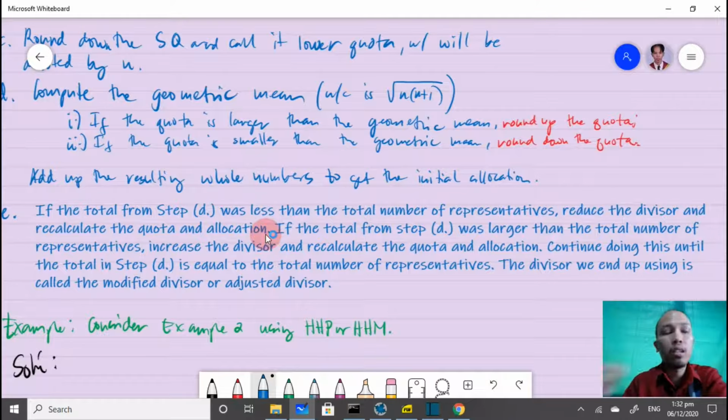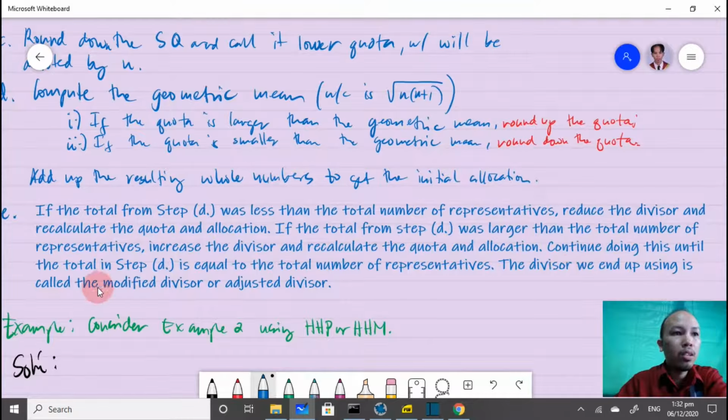So in step 4, if it is less than 90 in our previous example, then you are going to reduce the divisor. If the total was larger than the total number of representatives, meaning if it is 91, 92, or 93, all you have to do is to increase the divisor, and then recalculate again.